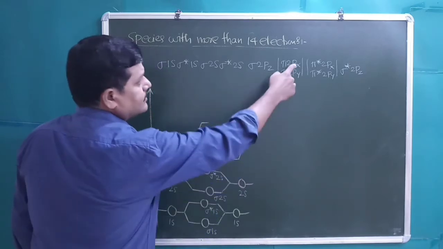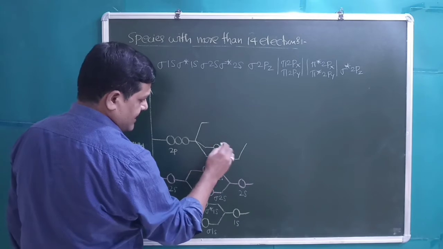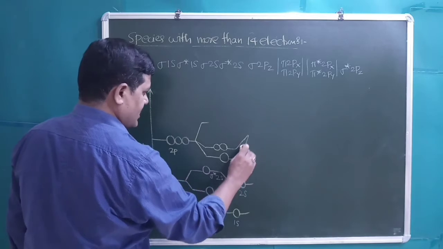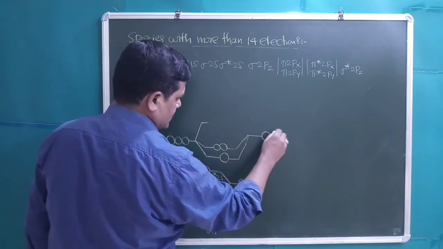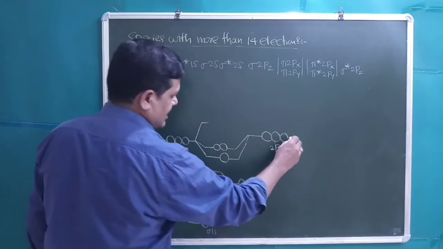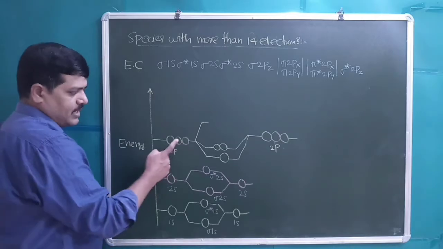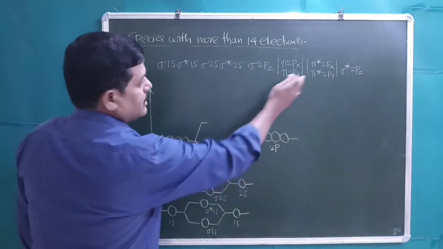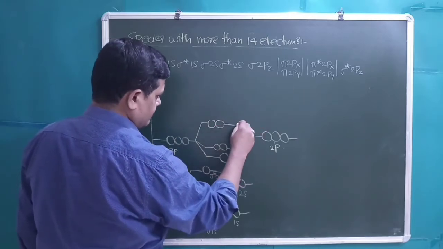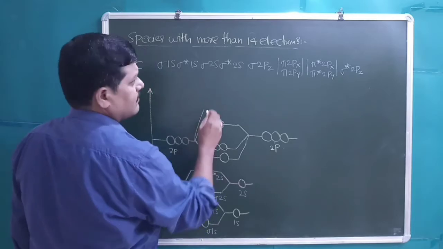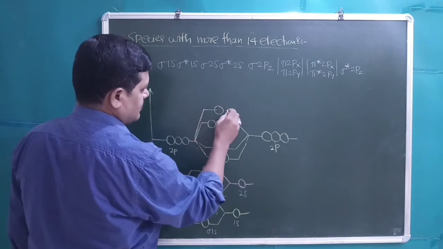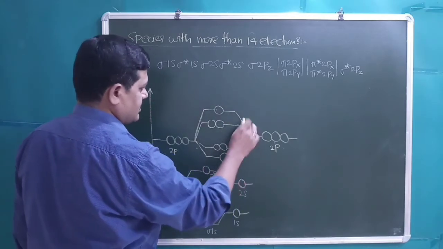Next level, two orbitals are present, pi 2px and pi 2py. Here the three 2p orbitals of another atom combine with the 2p orbitals of the first atom. Next level, pi star 2px and pi star 2py. Next level is sigma star 2pz.